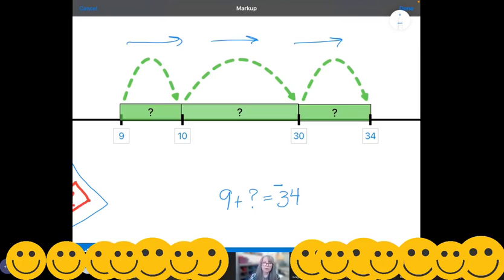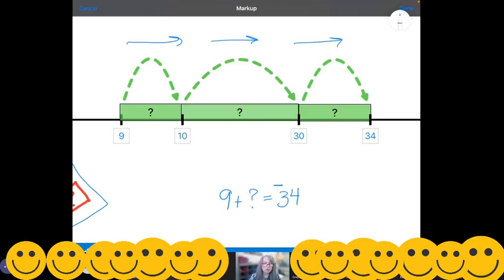If you know if this number line is showing addition or subtraction, give me a thumbs up. Of course, it's showing addition, because when the arrows point to the right, our numbers are moving up the number line. The numbers are getting bigger as we go up.